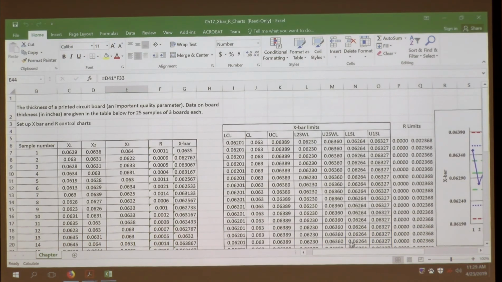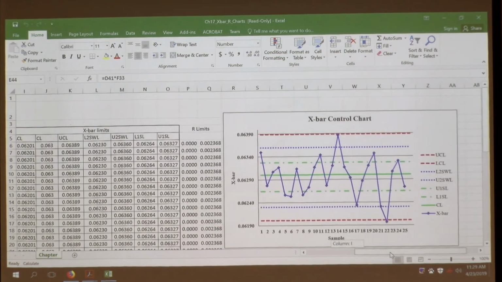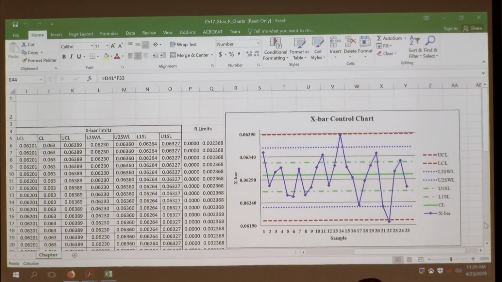Now, before we talk about how to build the control chart, let's first have a look at this control chart. This is the X bar control chart. In the X bar control chart, first we have this center line. The center line is the X bar right over here. And then we have this dotted line, which is the upper 1 standard deviation line.